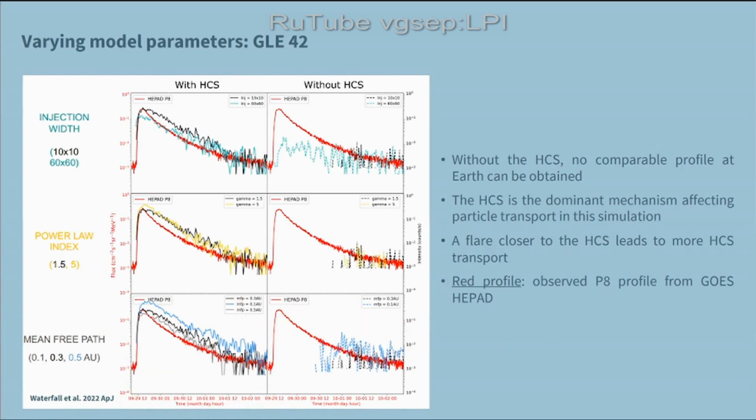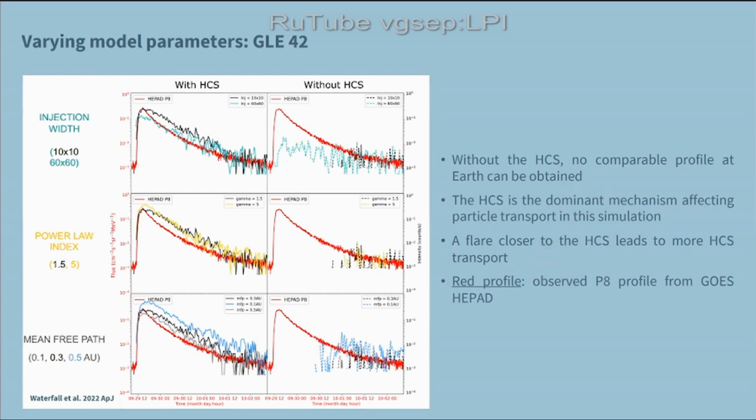You can see there's very efficient travel towards the Earth along the current sheet throughout the heliosphere when the flare is close to the current sheet. And we saw this in all the simulations where the flare was within about 15 degrees of the current sheet. So I'll reiterate that the current sheet is a dominant mechanism affecting the particle transport in this simulation, and a flare close to the current sheet leads to more current sheet transport.